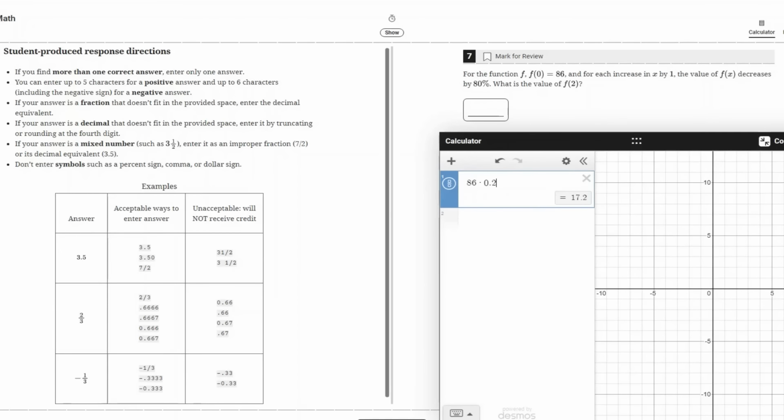But, now x increased by 1. If x increases by 1 again, from 0 to 2, x increases by 2, right? And therefore, the value of f will decrease by 8% again. So, again, multiply by 0.92, because it is decreased by 8% 2 times. Hence, I find 72.79 and I write that.